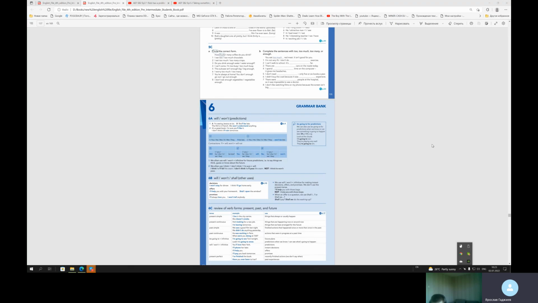So Yaroslav, you should remember the rule. When enough is used with adjectives, it always follows the adjective, and if enough is used with a noun, it precedes the noun. For example, enough water, but useful enough, good enough, large enough, interesting enough.